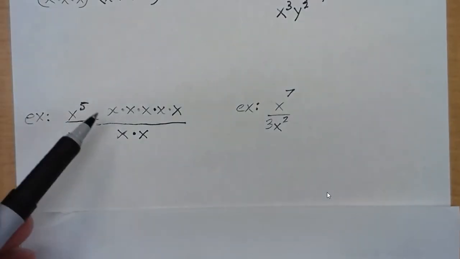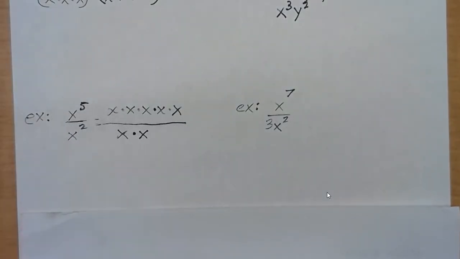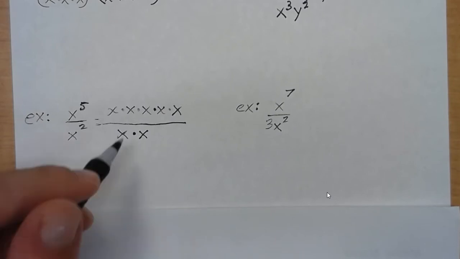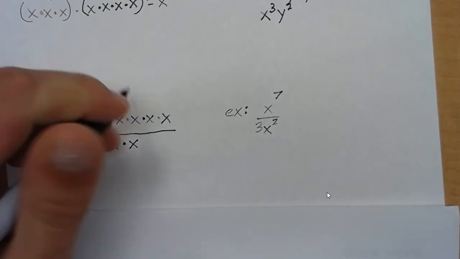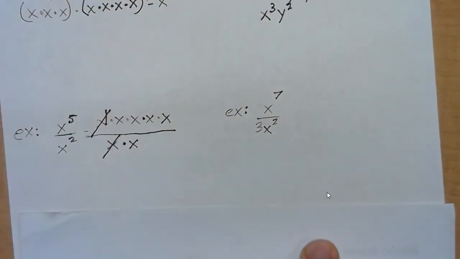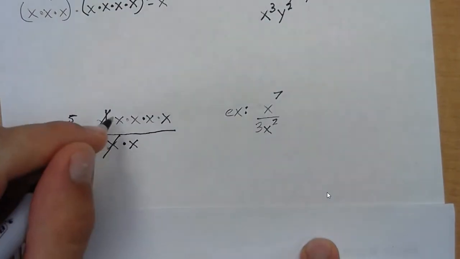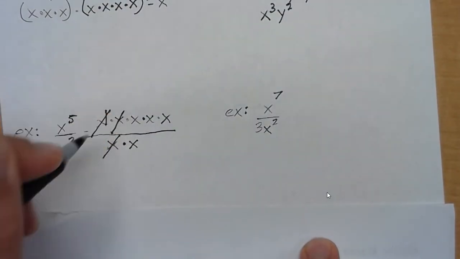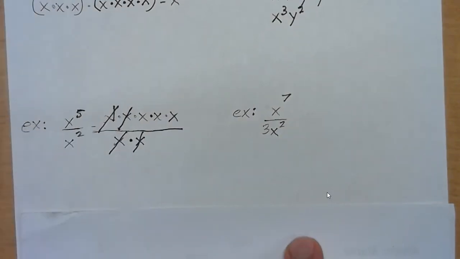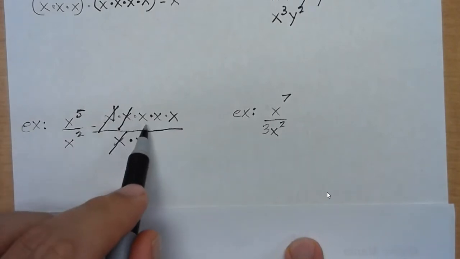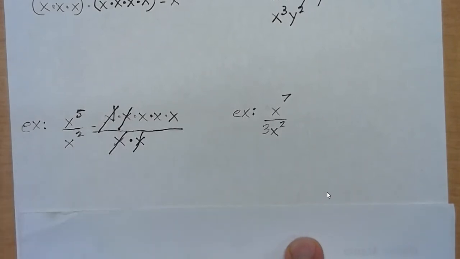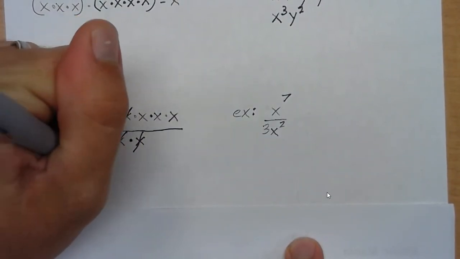So now it looks like I have 5 x's multiplied by each other in the numerator and 2 in the denominator. Now we can cancel these out just like we cancel out factors with fractions. So 1 for 1. 1 x on top gets canceled out by 1 x on the bottom. Next, another x can get canceled out by the other x on the bottom. And now we've reached the point where we can't go any further. We just have 3 x's multiplied by each other. That is going to be x cubed.